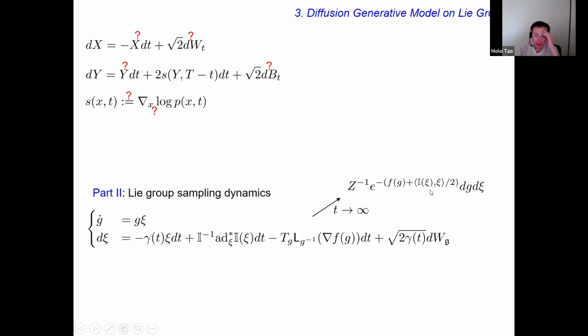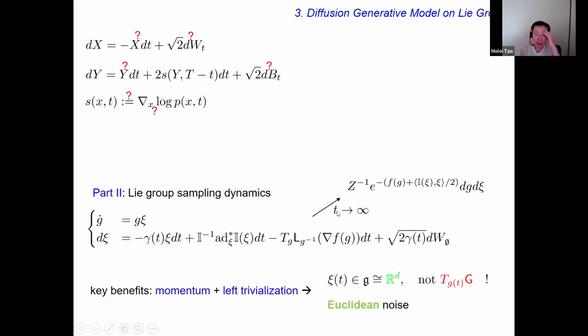So in particular, no matter what you start with, you always converge to this Gibbs distribution, which is designed by you. And moreover, this variable is a trivialized momentum variable. So the technique of left trivialization actually gives you something which is a Euclidean variable, and your noise is also Euclidean.